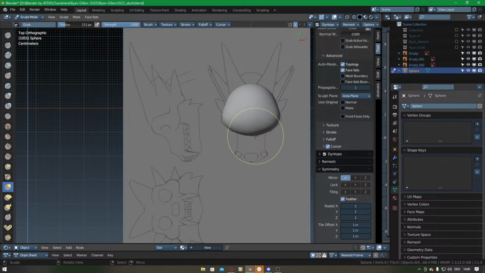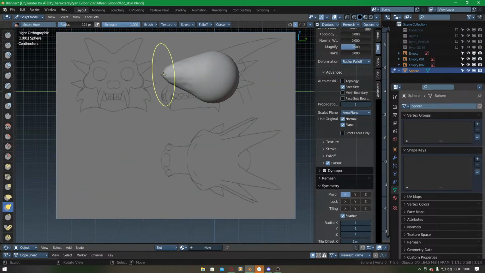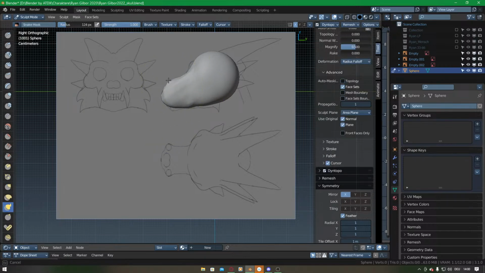Oh, it is. And because I'm using the grab brush, it doesn't add geometry. Because that's what dynamic topology does. It adds geometry. So I need to use the snake hook brush to add geometry.